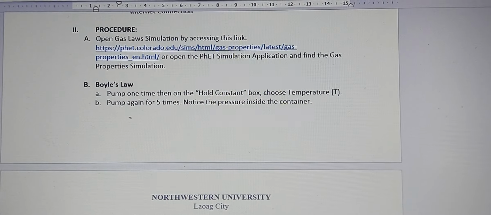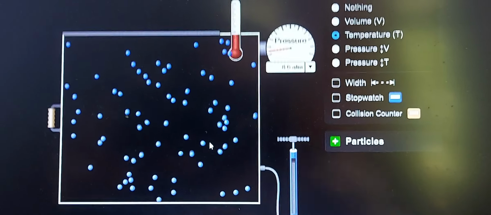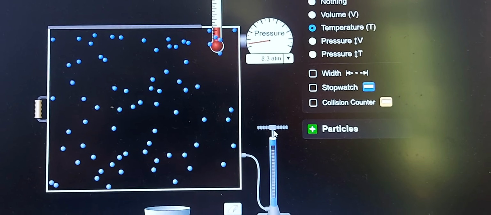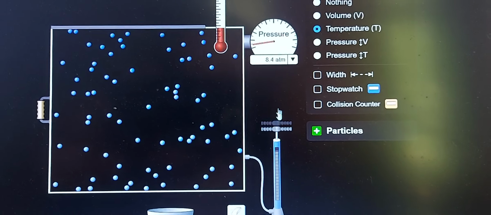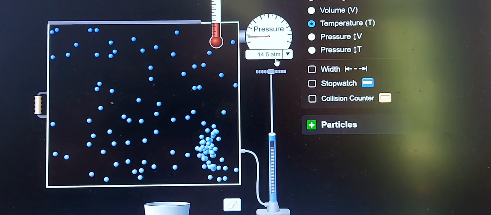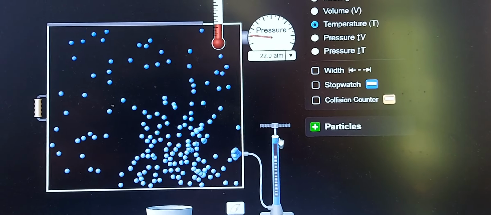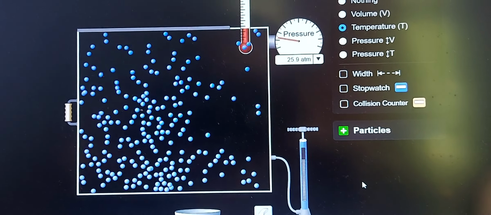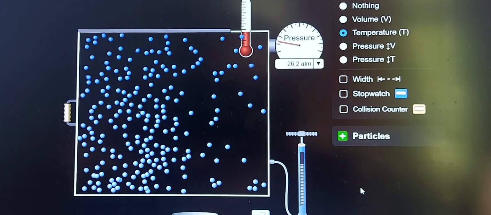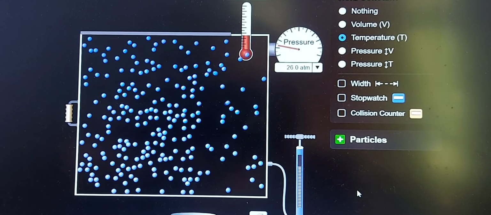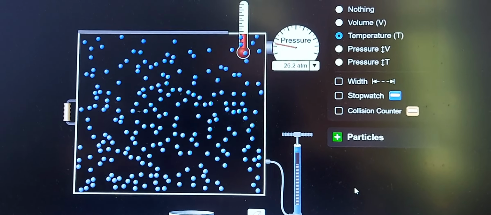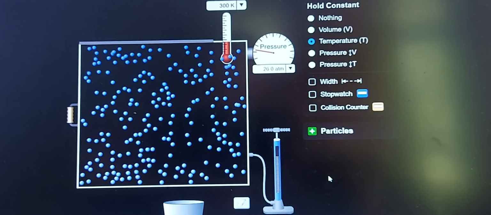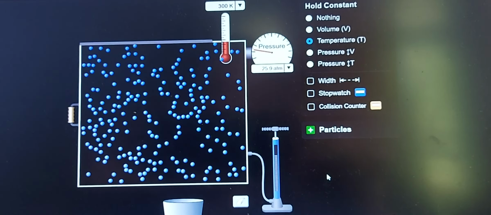Okay, so let's go back to our virtual laboratory. It says pump 5 times. We have already pumped two, so let me add 3 more. 1, 2, and 3. So you can just imagine the gaseous particles, the particles of air that are being pumped into the container.